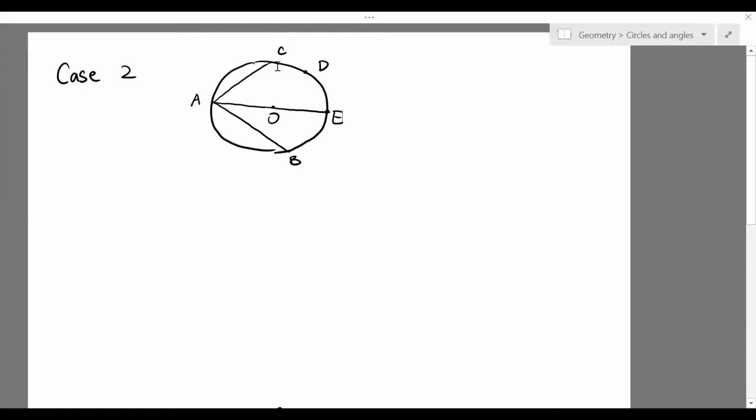Specifically, both the angle CAE and the angle BAE are of this type of inscribed angle.